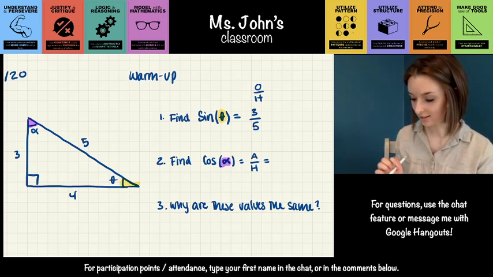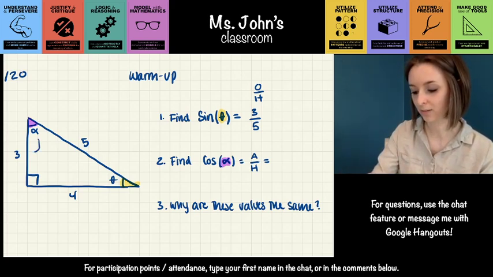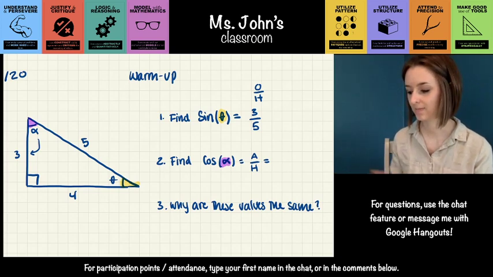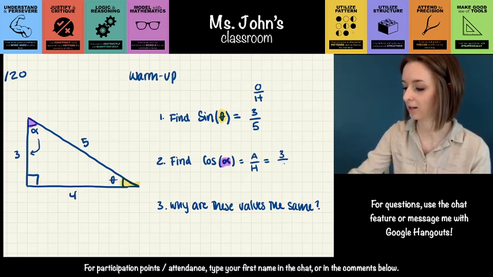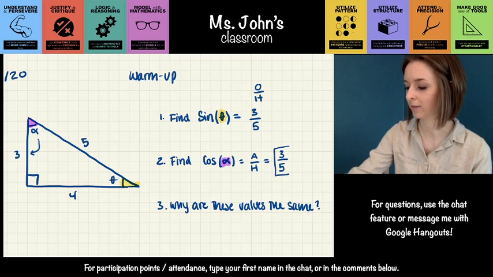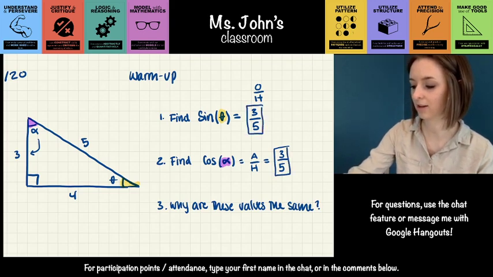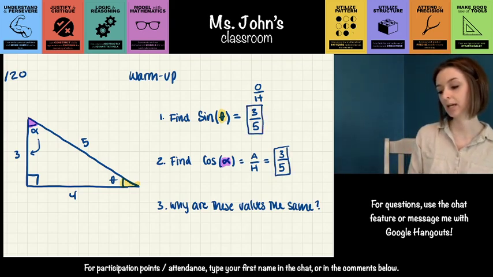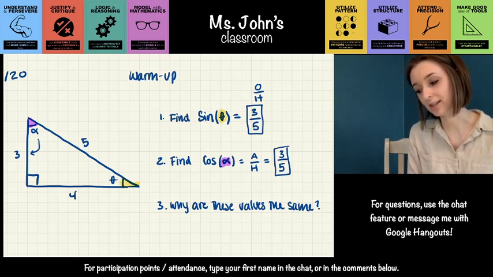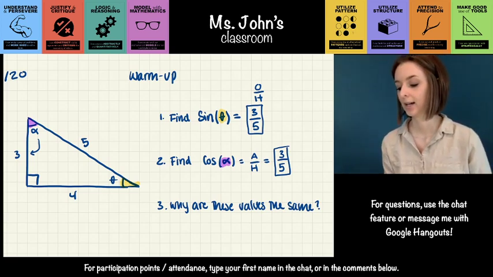So the adjacent side on this triangle, the adjacent one to the pink angle, is 3. So we're ending up with the same fraction for both of these, 3/5. And the next question is, why do you think these values are the same?